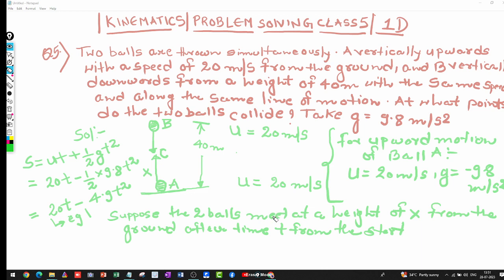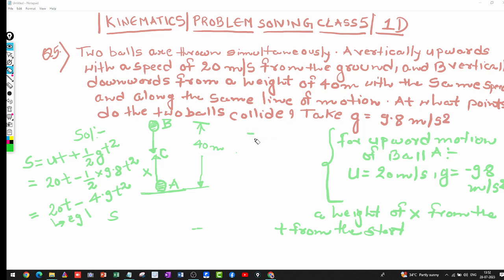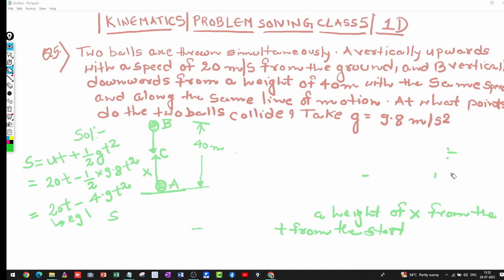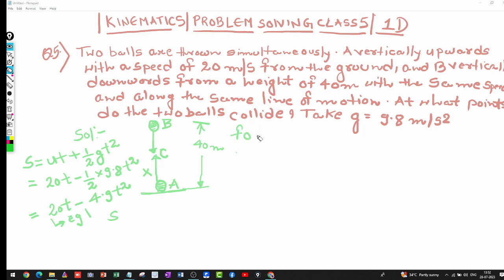So let's erase it first. So for downward motion, we already got the equation for upward motion, right?